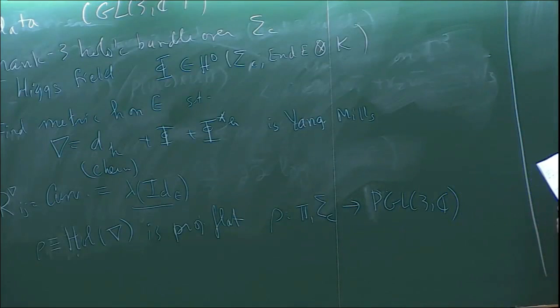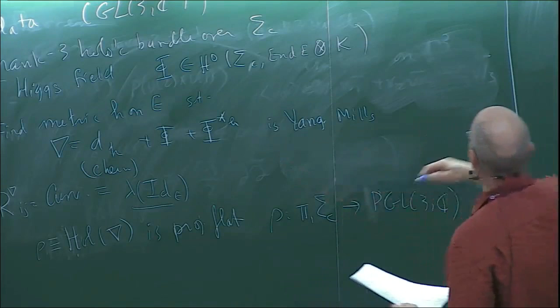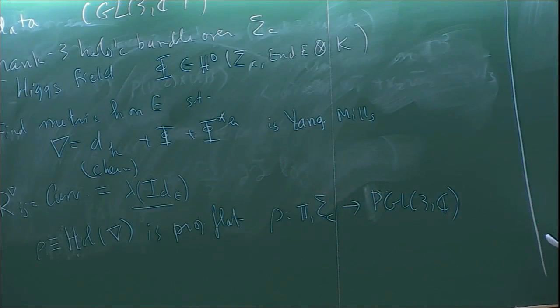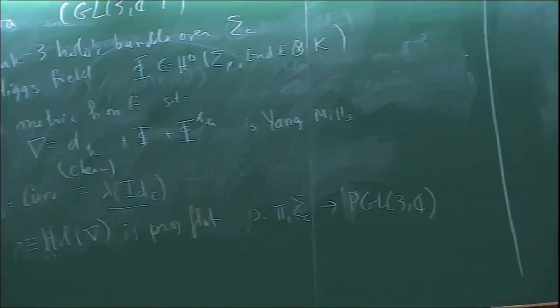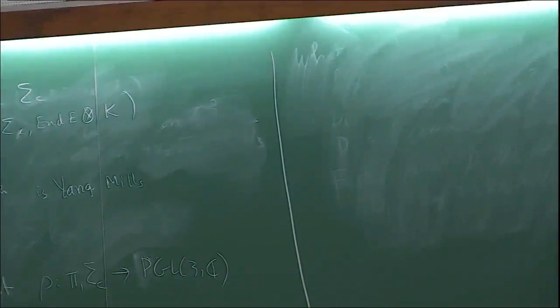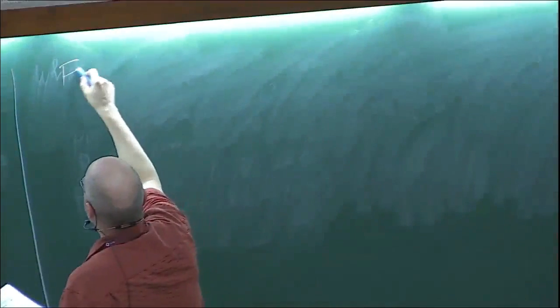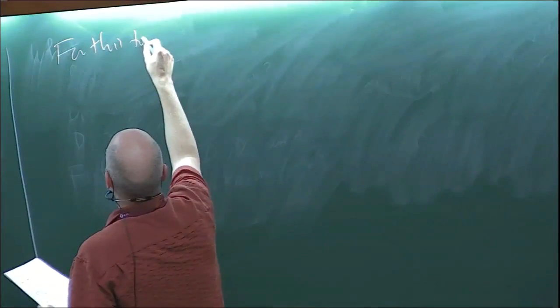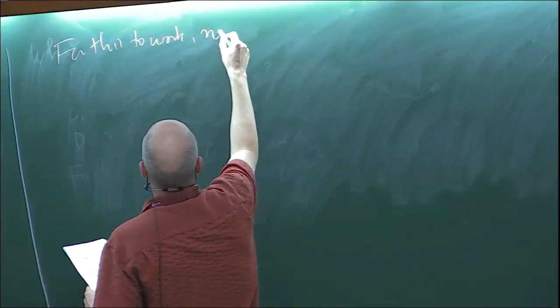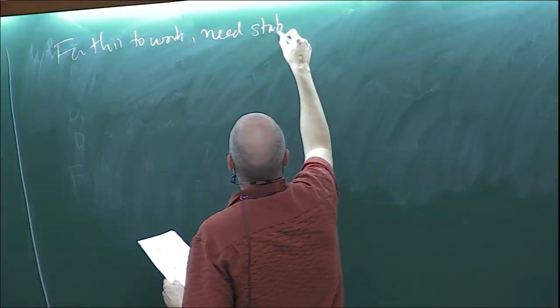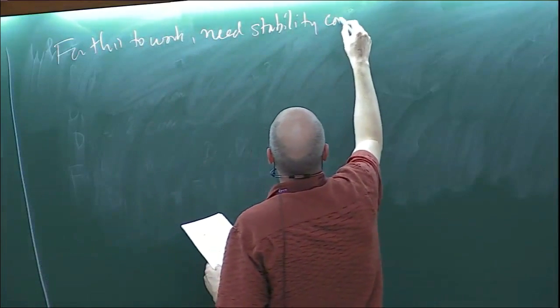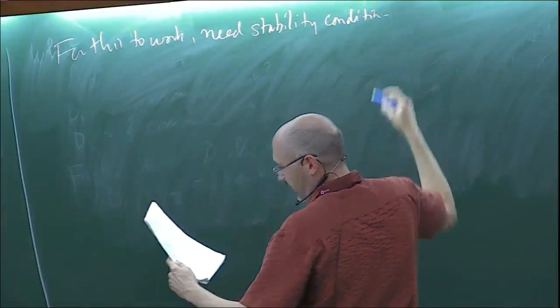And so this can be done. I should write down the condition that's needed for this to work in terms of this theorem of Hitchin and Simpson. For this to work, you need a stability condition. Okay?